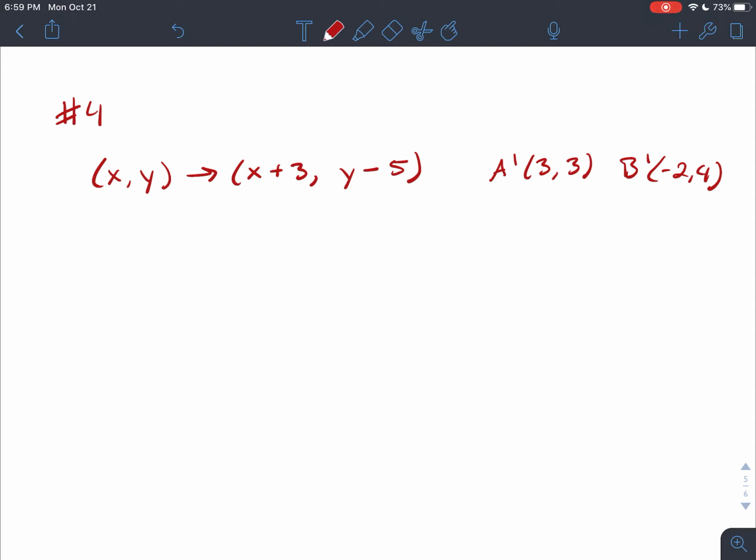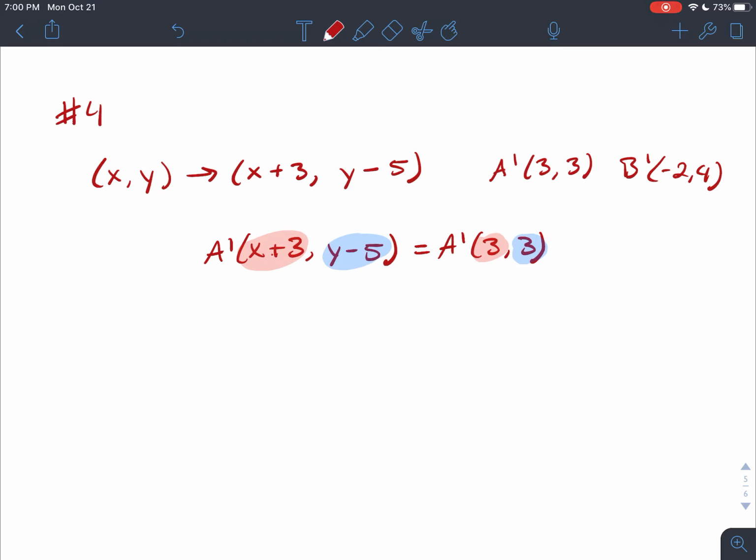So in order to do that, I'm going to say xy, or x plus 3, y minus 5 is equal to my prime. Okay, this is A prime. So this is equal to 3, 3. Okay, x goes with x, y goes with y. Maybe I should have chosen B since they're different, but I'm going to do x with x and y with y.